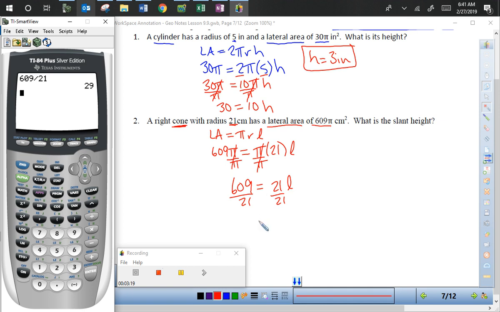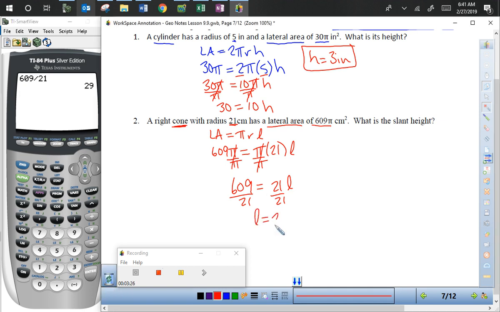And that gives us 29. So L equals 29, and our label here is centimeters. Okay, all of these pieces today are going to get a regular label because it's just one dimension, one piece that we're solving for. So we won't have anything squared or anything cubed for this time.